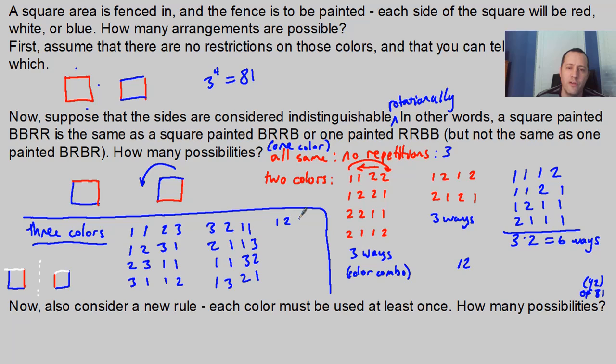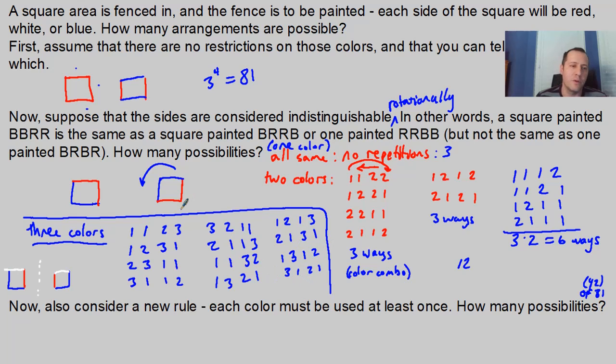So if we had 1, 2, 1, 3, and we rotate that one, then we get 2, 1, 3, 1, and then 1, 3, 1, 2, and then one more, 3, 1, 2, 1. And notice on this one, it really doesn't matter which one's 2 and which one's 3, because 1, 2, 1, 3 and 1, 3, 1, 2 are the same still because of the way that when you rotate.